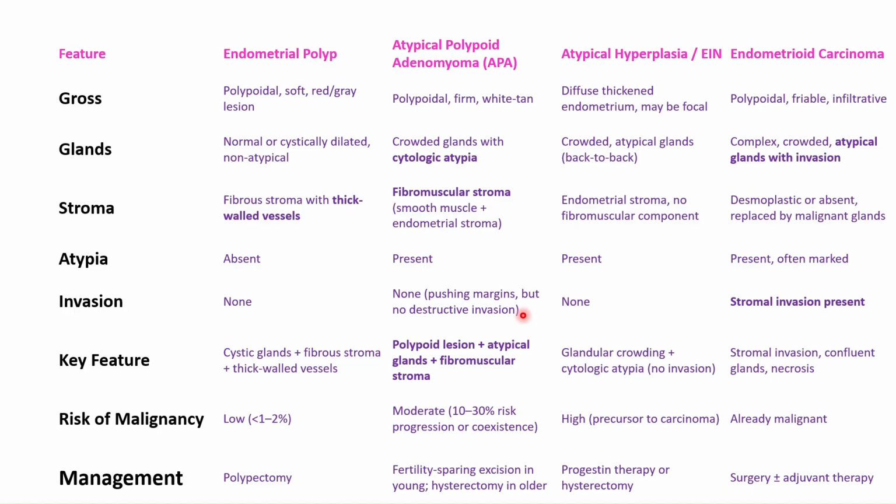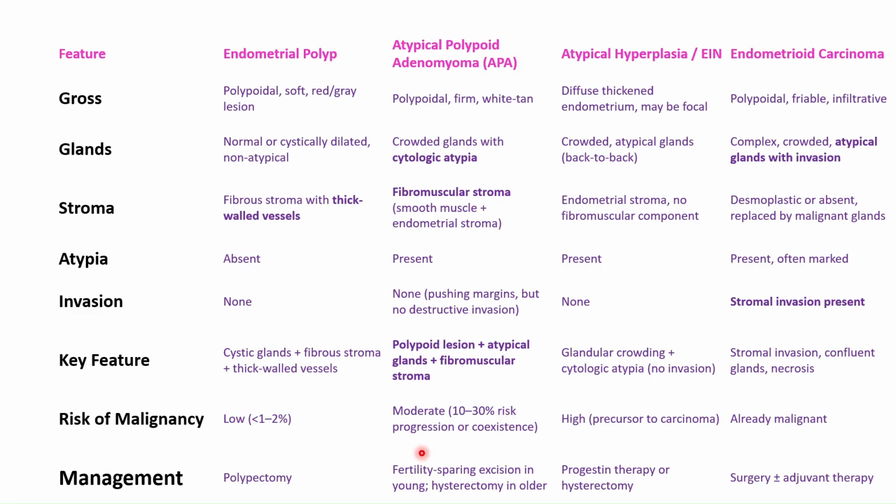So what are the key features in all four? Polyp, as we have discussed, has glands, fibrostroma and thick walled vessels, while here is a polypoidal lesion with atypical glands and fibromuscular stroma, with crowding and cytological atypia but no invasion. Here stromal invasion is confirmed, with confluent glands and necrosis.